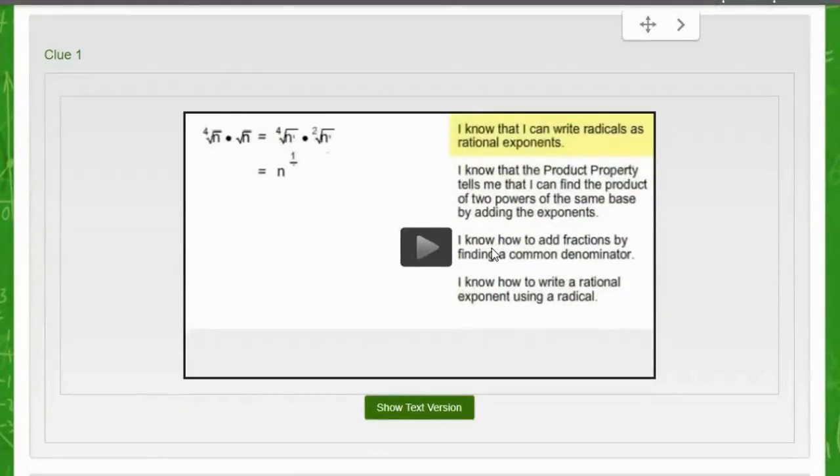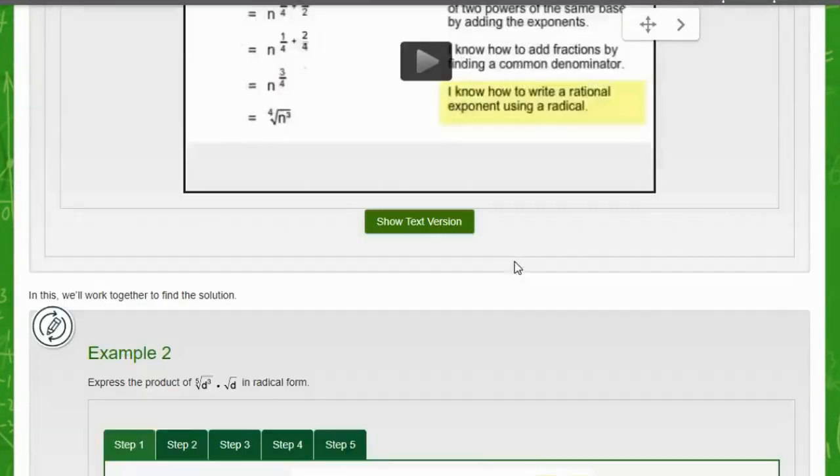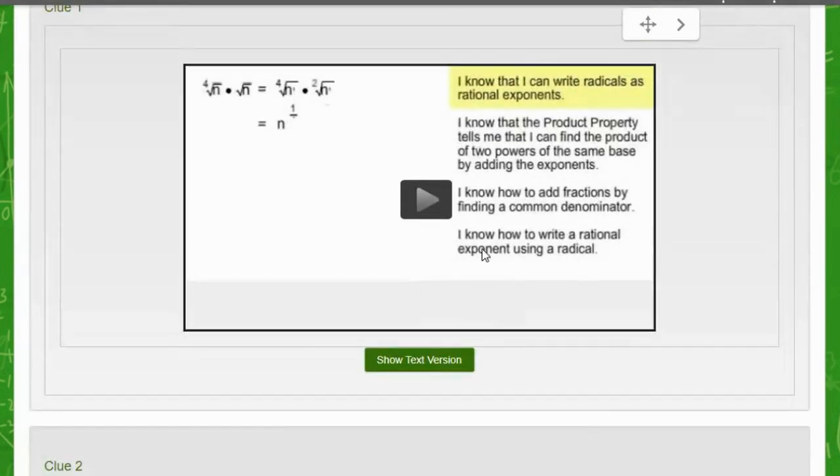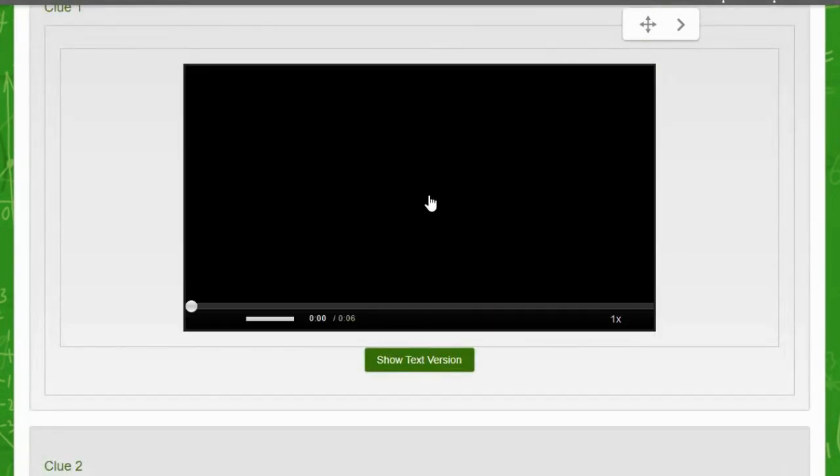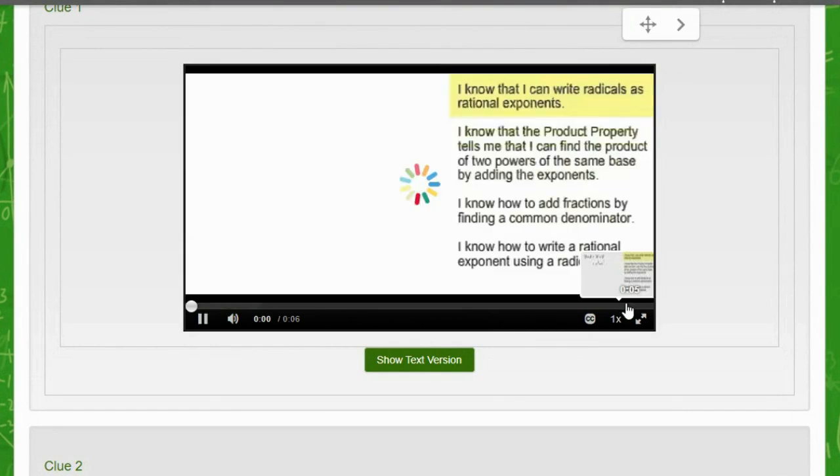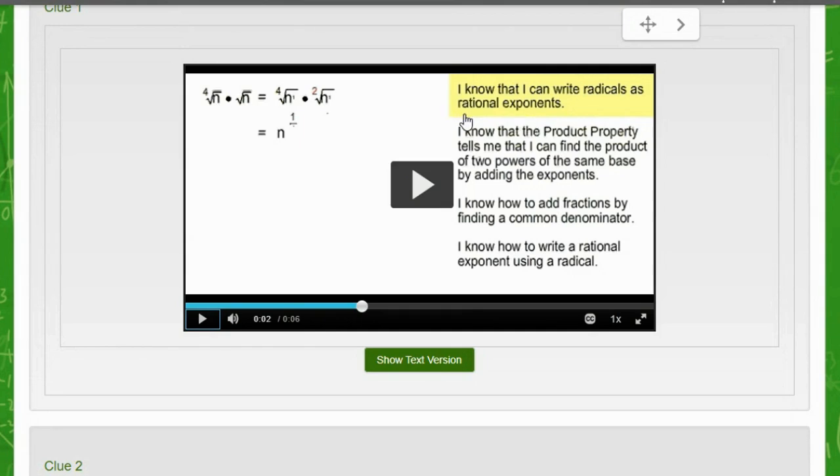And they go through 4 videos to work out what I just did on paper. These are like 5-second videos or something, 6 seconds. So it says, yeah, I know I can write radicals as rational exponents. So what to do first is they rewrite those, just like I showed, as n to the 1/4 times n to the 1/2. So the first thing you have to do is convert them to exponents.